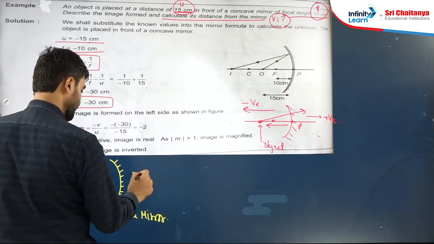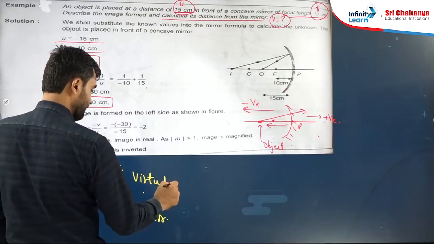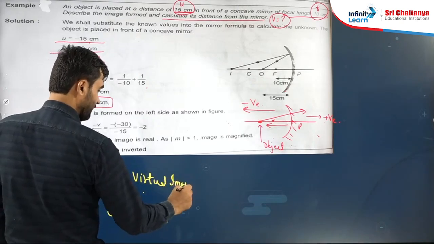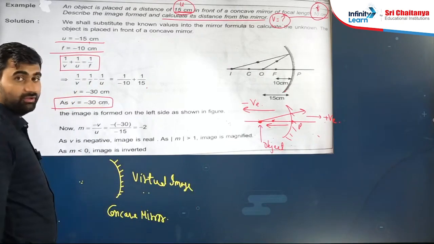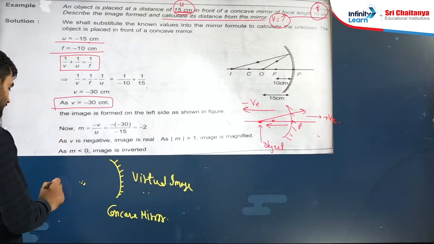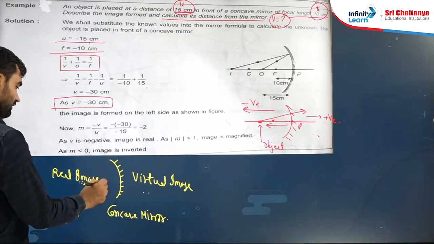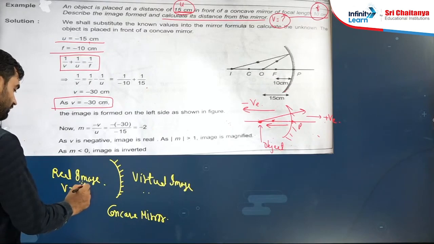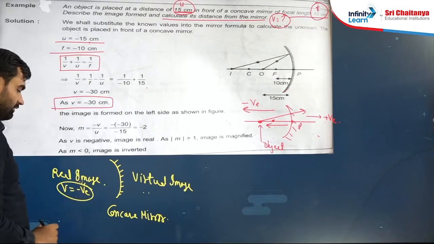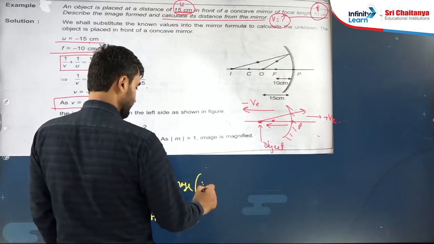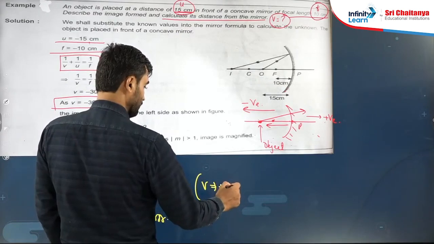This is the virtual image side. If V value is positive it means a virtual image, and if V value is negative it means a real image. This side real image, real image means V value negative, and virtual image V value positive.